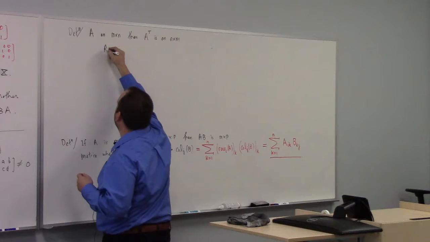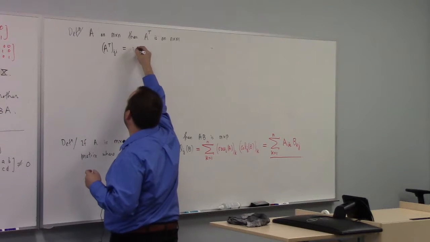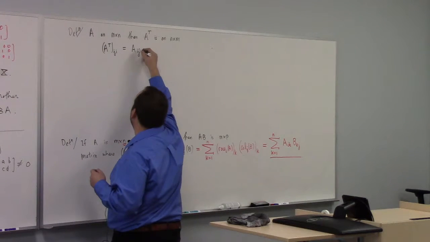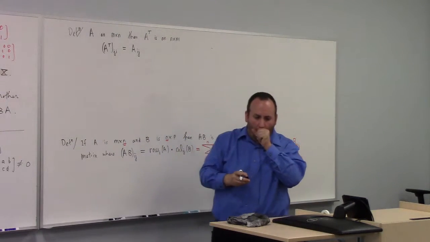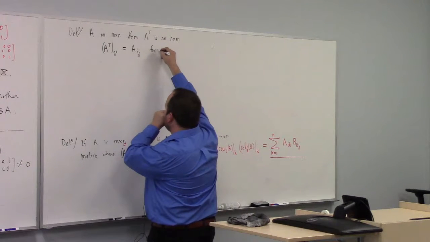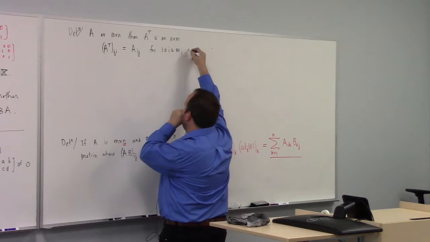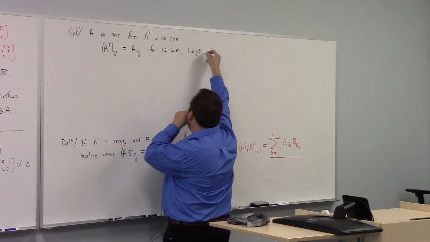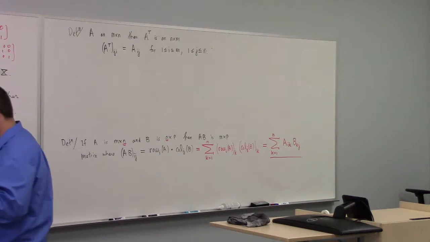A transpose, all right, the (j,i) entry is just equal to the (i,j) entry of A, for 1 less than or equal to i less than or equal to m, and 1 less than or equal to j less than or equal to n.